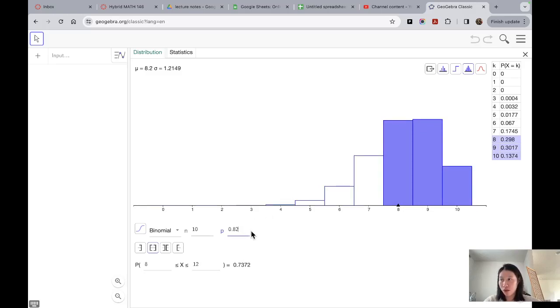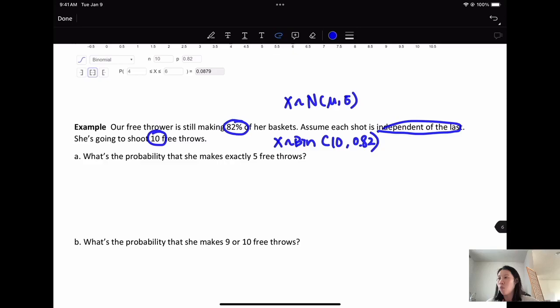So that means you want to type in 10 for n and 0.82 for p. Now, the first question is, what is the probability that she's making exactly 5 free throws? So that means we want x equals 5.